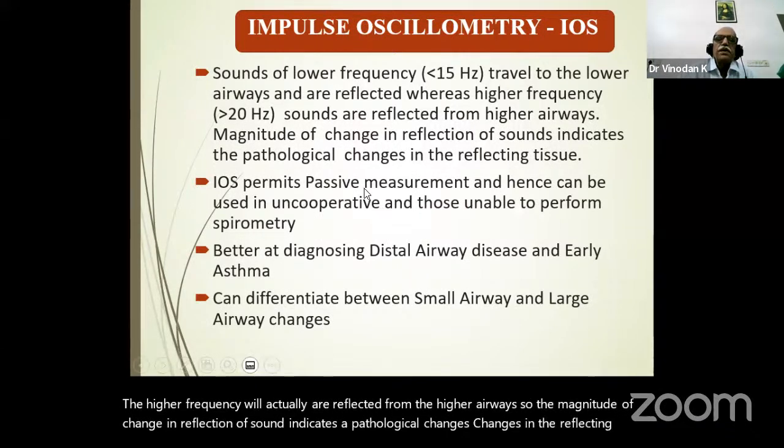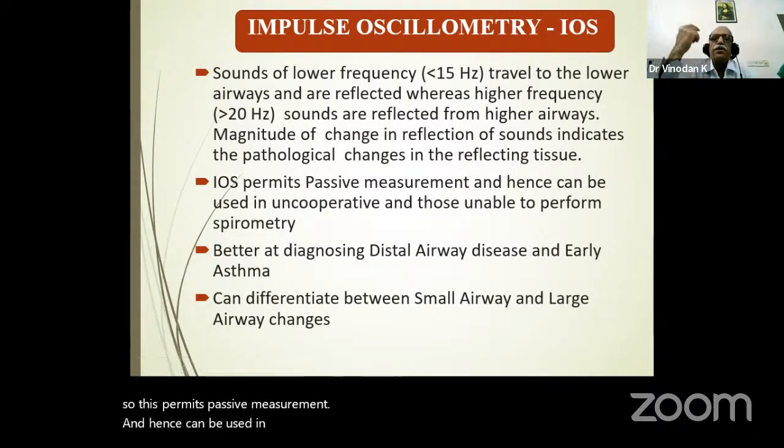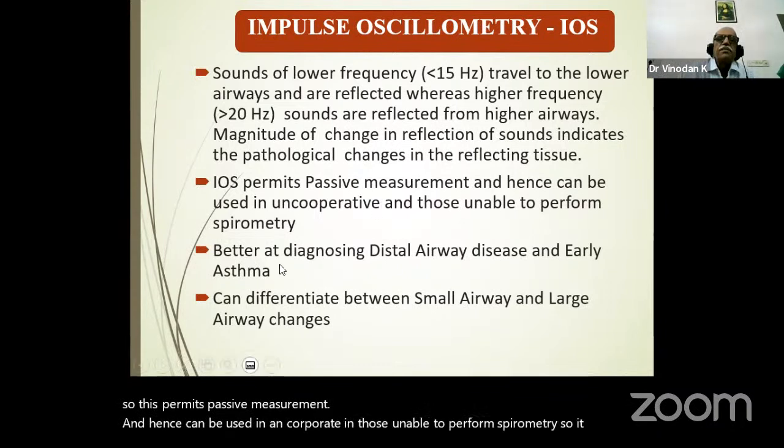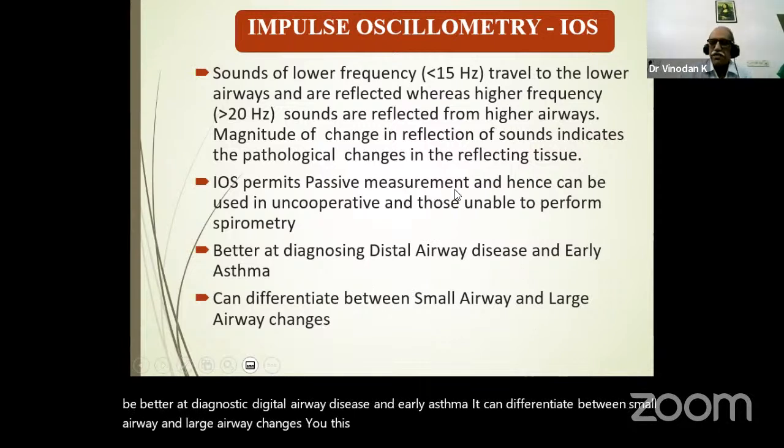This permits passive measurement, and hence can be used in uncooperative patients and those unable to perform spirometry. It can be better at diagnosing distal airway disease and early asthma, and it can differentiate between small airway and large airway changes. This is a technique which is coming into vogue, but is not available in most places.